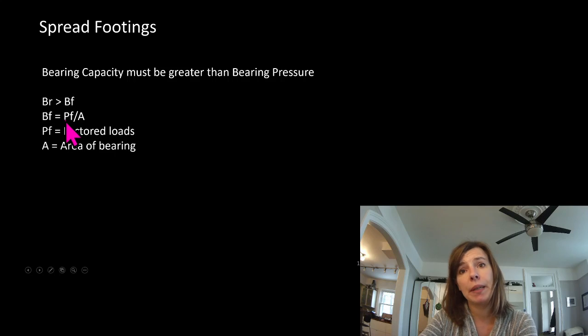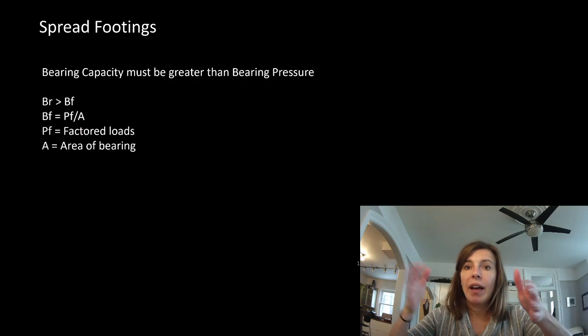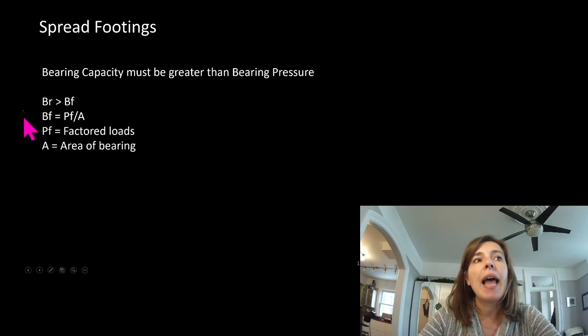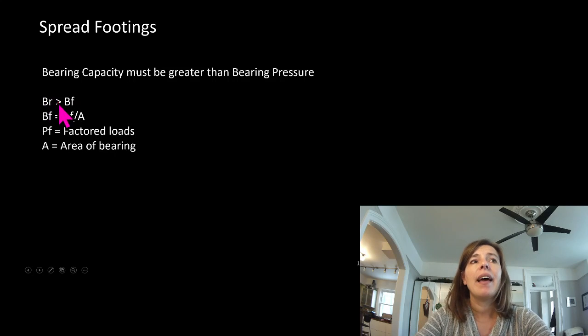If you guys remember, stress is force divided by area. If we're talking about the load that we have coming down, we want to know what the area of our footing is, and we can calculate what our BF is. Well, if we want to know what this area is, we know that we can go up to just as high as BR.